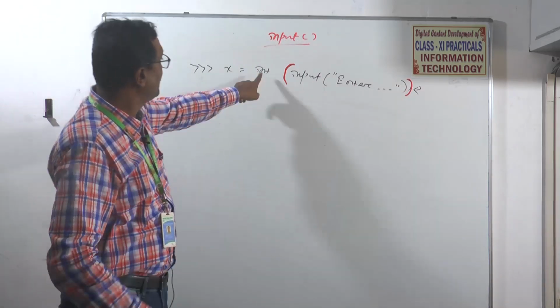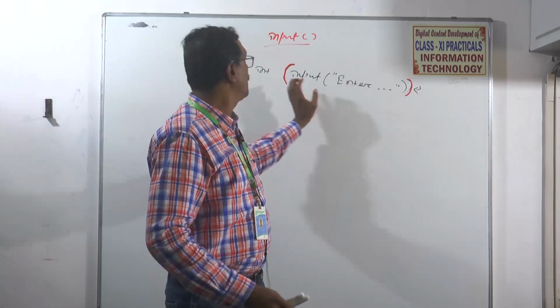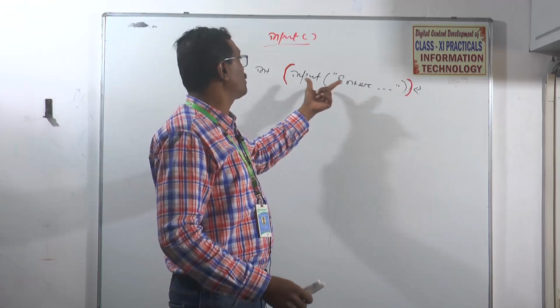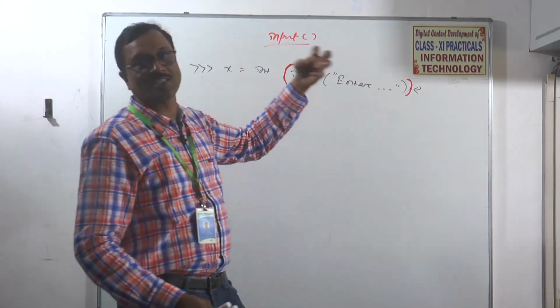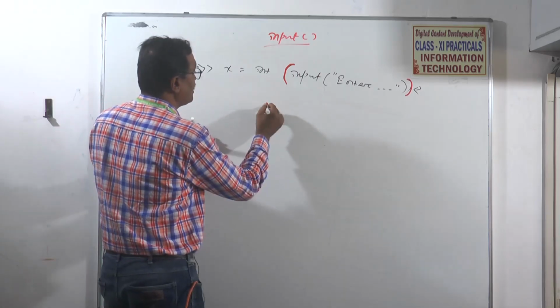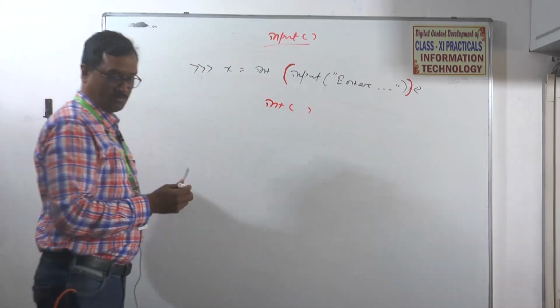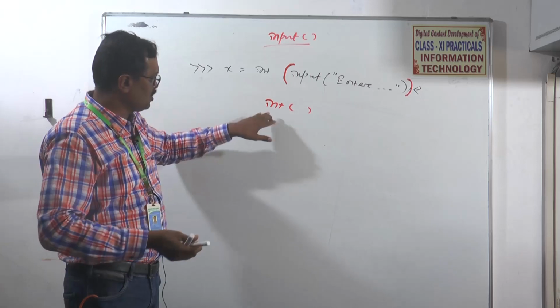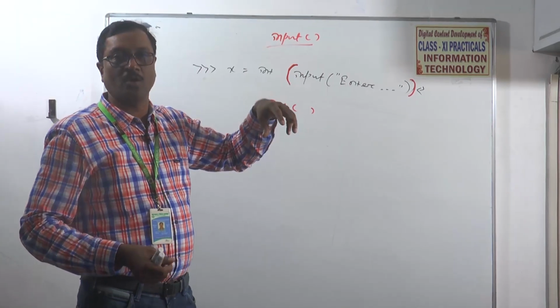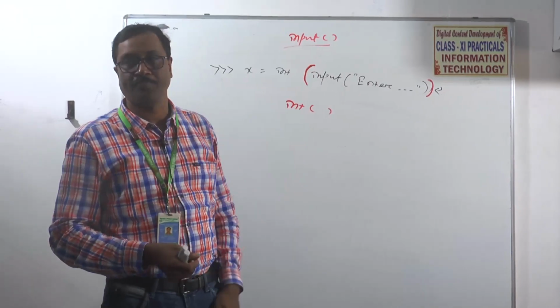What I did: int, again a bracket, and within that the input, this one. Here the work of input is to accept a string. The work of the int function, because I have used another thing, you see, this one I have used, is to convert that string to an integer.